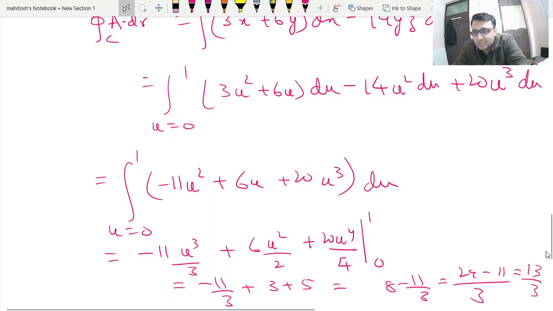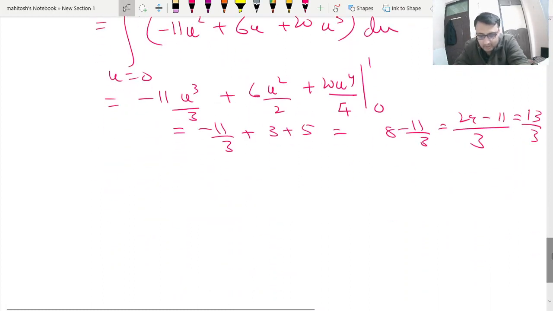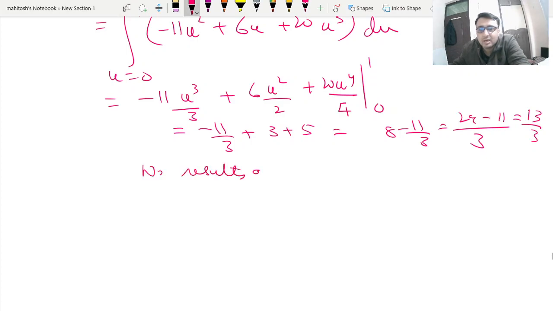So we are seeing that in all of these three cases answers are different, and that's what they are asking. Is the result same? No, results are not same in all cases. And then they have asked what is the reason.